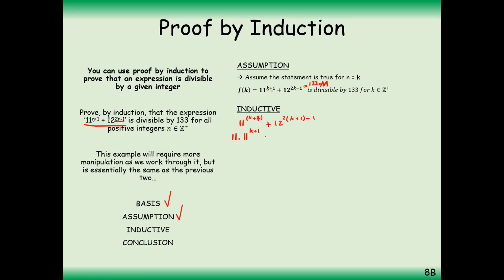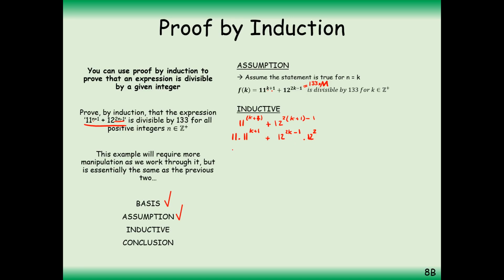And then what we are going to do is, if we multiply out this bracket here, we will have 12 raised to the power of 2k plus 2 minus 1. So I'm just going to keep the minus 1 first, and I'm actually going to write, instead of plus 2, 12 to the power of 2, because that's what plus 2 in the index means.